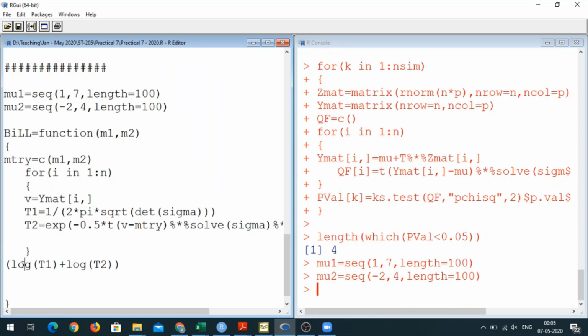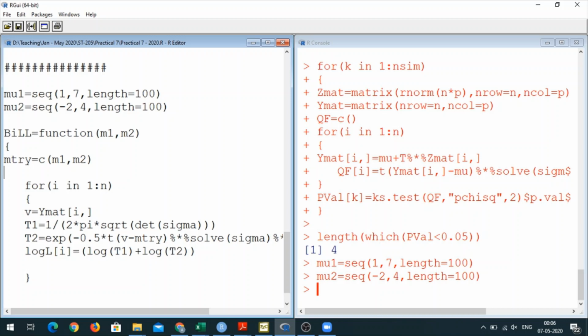Okay, so this log t1 plus log t2, I need to compute this quantity for every observation. Let me call it say log L at I, and finally we are going to take the sum.